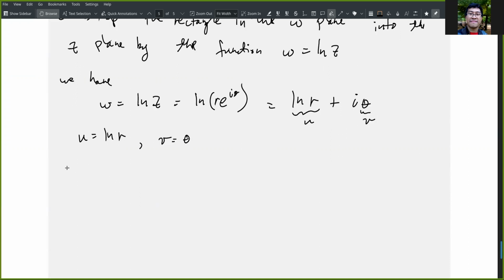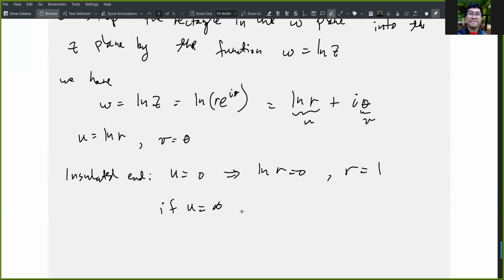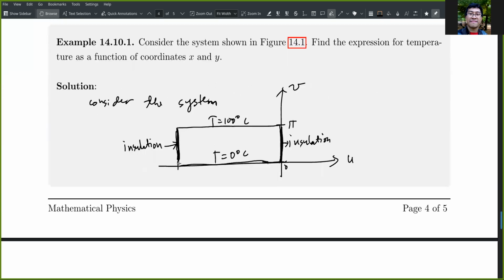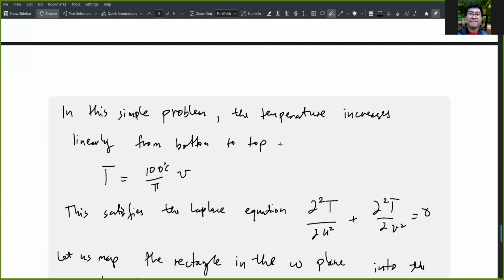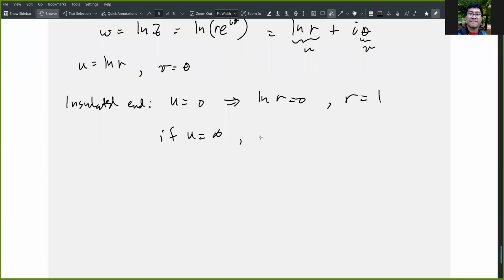Now at the insulated end of our rectangular slab at u equals 0, this means that if u is 0, then ln of r is 0, which means that r should be equal to 1. Now, if u equals infinite, for example, if here this is set very far from the v-axis, approaching infinity, then it means that ln of r would be infinity, or that r equals 0.